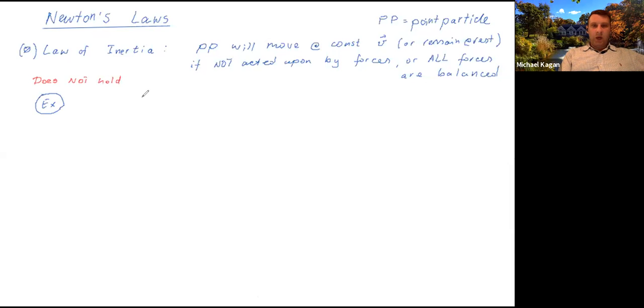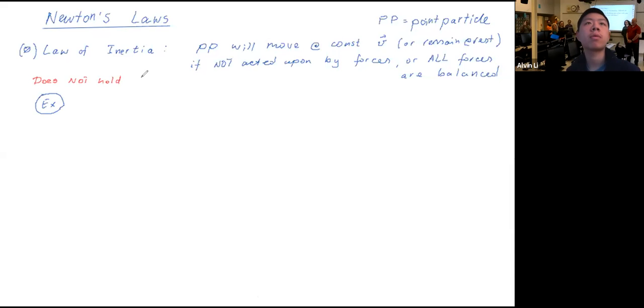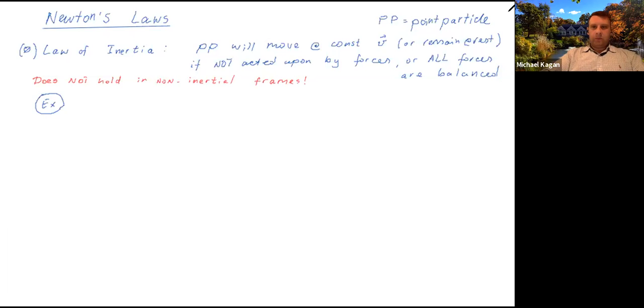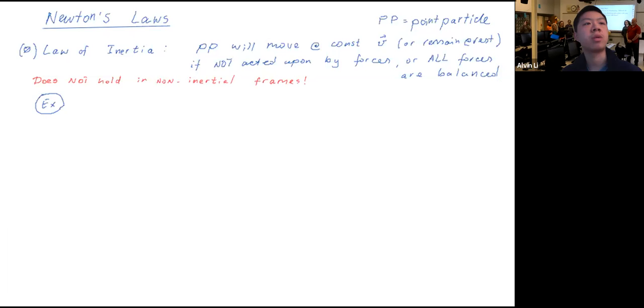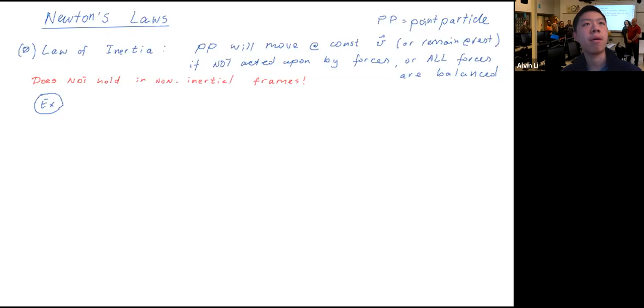Can you just elaborate why the law of inertia doesn't hold in an accelerating car? Just give a specific example. Okay, so in a non-inertial frame of reference, there might be no forces acting on it, but then it's not moving at a constant velocity anyways with respect to the ground, because the frame of reference itself is accelerating. Uh-huh. And it's moving at constant v with respect to the frame.